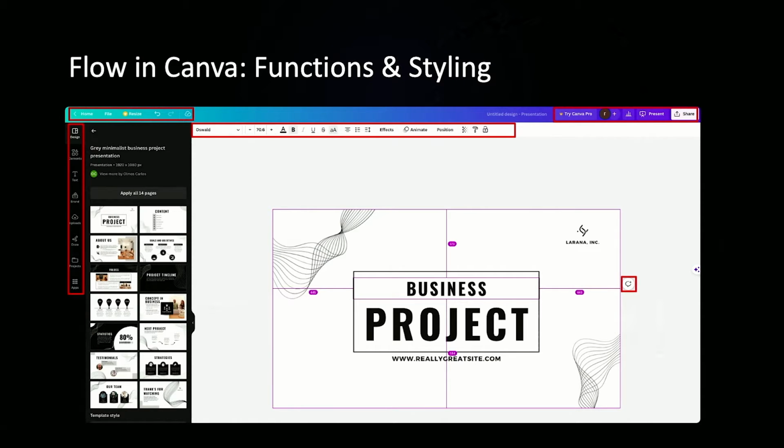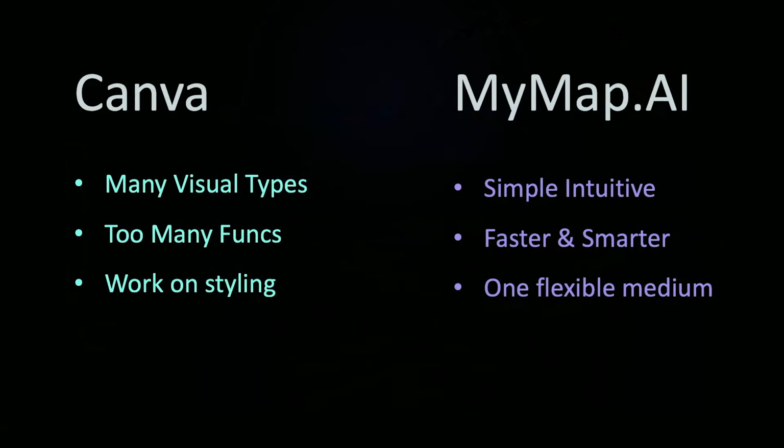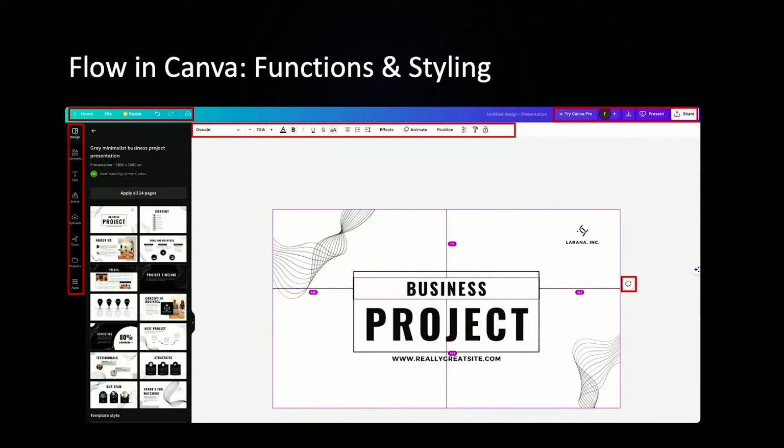You see all the buttons, which I have highlighted on the top right corner or on the left. Then once you have the content ready, you often find yourself spending lots of time on styling and adjustment. So how we work is this.